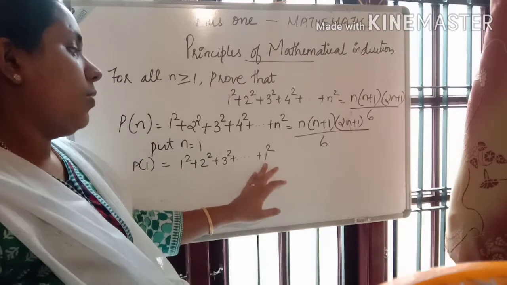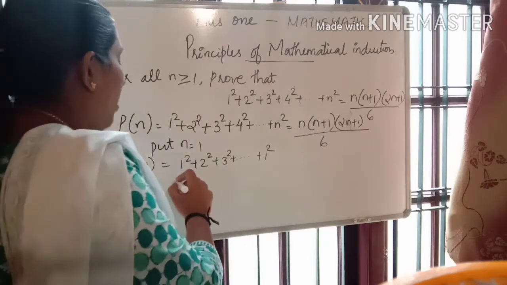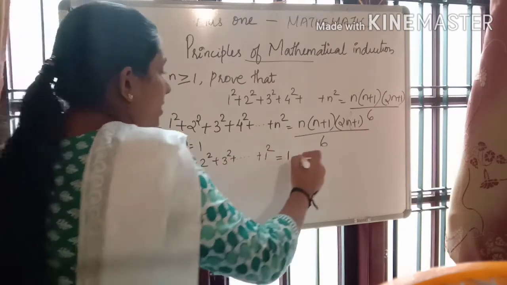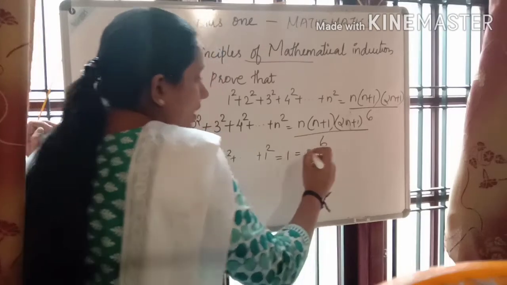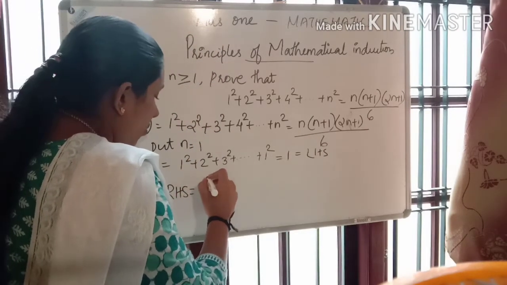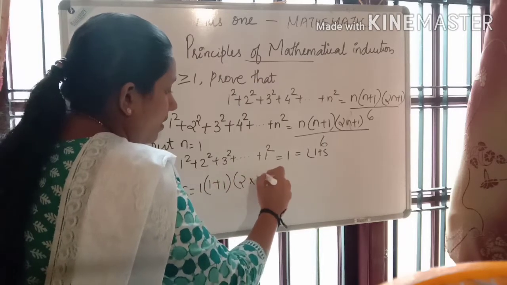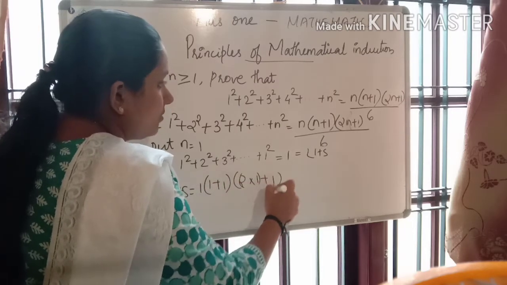That means 1 square will give the answer 1 only. This is the LHS, right? RHS is equal to 1 into 1 plus 1 into 2 into 1 plus 1, right?